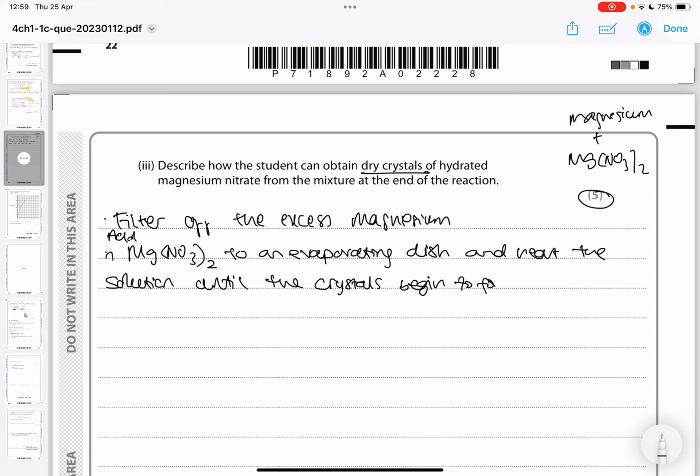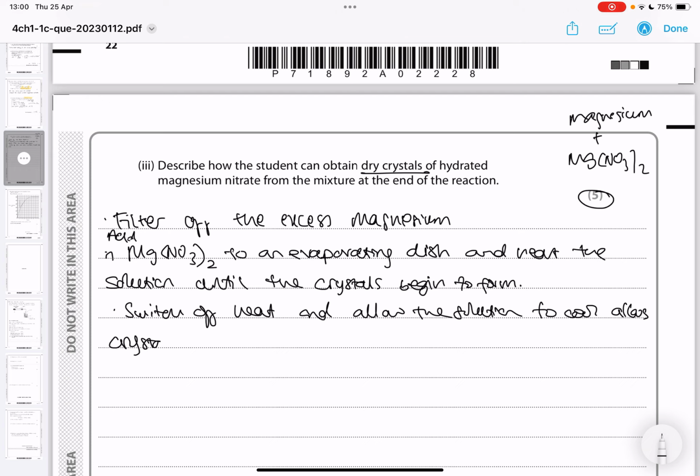And then what you do after that is you switch off the heat and you allow the solution to cool. This allows crystals to grow. The whole point of this is you want the crystals to grow.